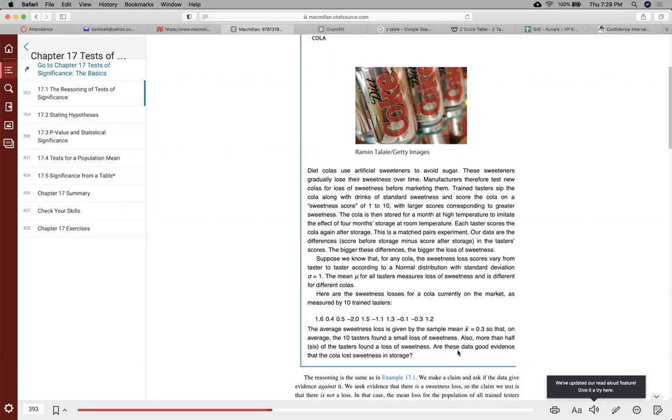The question is, is that good evidence that the cola actually lost sweetness? We're testing to see whether or not the cola lost sweetness. So the null hypothesis always gets the equal sign. So what exactly in this case are we testing against? What are we testing to see if it's true?